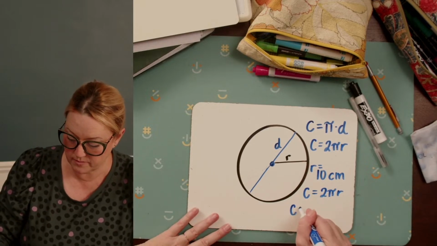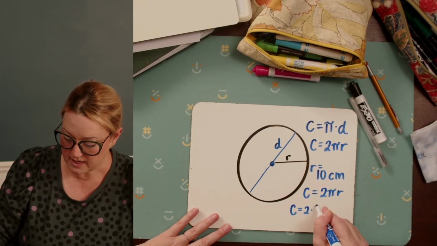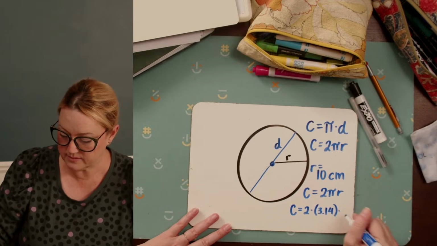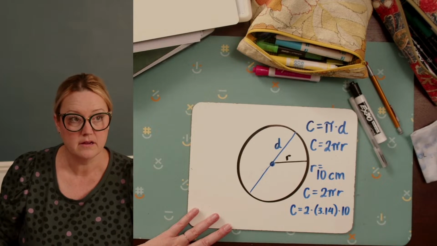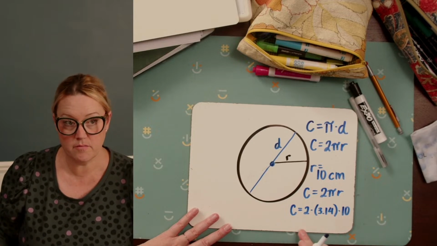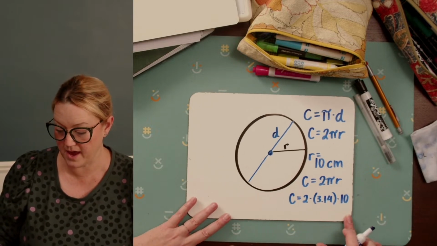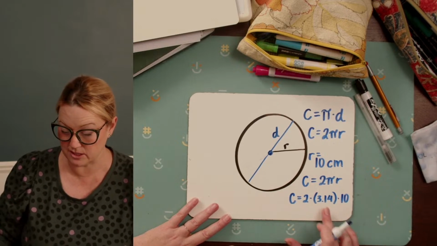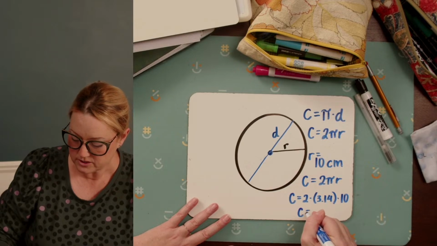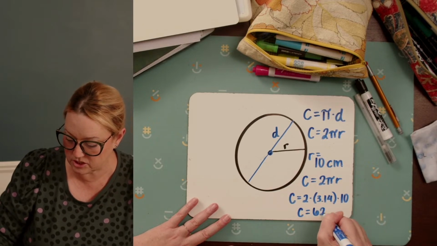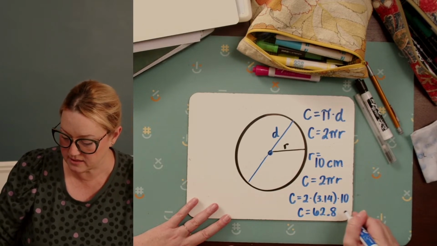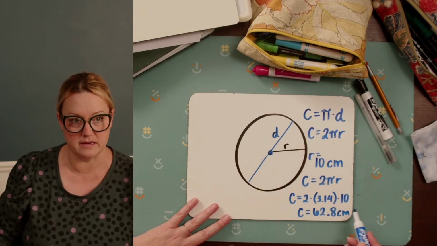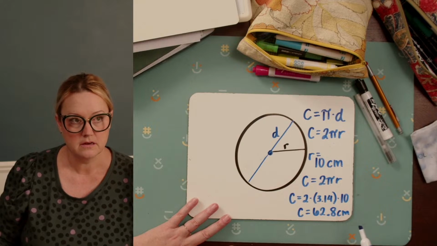So that's going to be 2 times 3.14 times the radius, which is 10. Then you would multiply through, and you'd have 6.28 times 10, so 62.8. So your circumference would be 62.8 centimeters, because it's distance around, so it's just going to be centimeters.